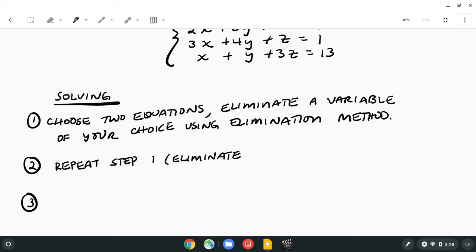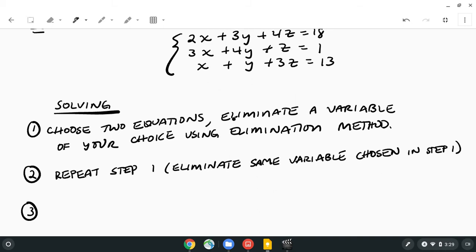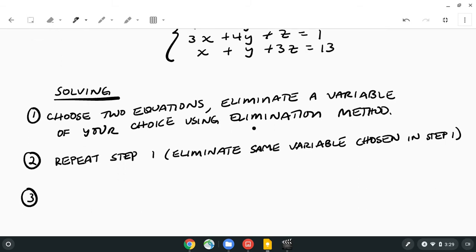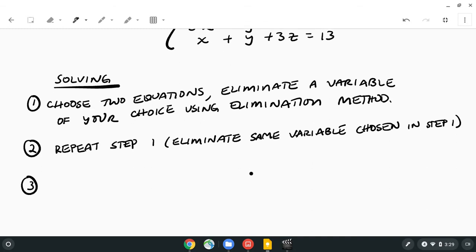So make sure you eliminate the same variable chosen in step 1. Here in your first choice, if you chose to eliminate x's, when you do it the second time, you have to also eliminate x's. Or if in the first step you chose to eliminate z's, then in your second step you still have to eliminate z. So whatever variable you choose to eliminate, you're going to do that twice.